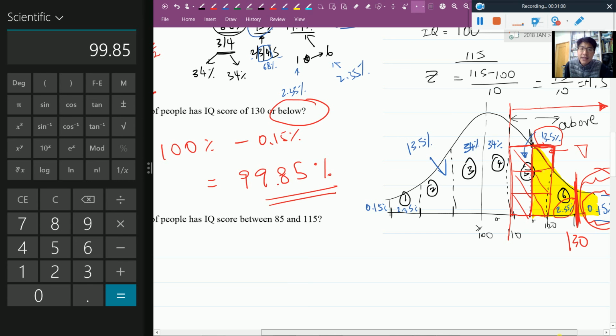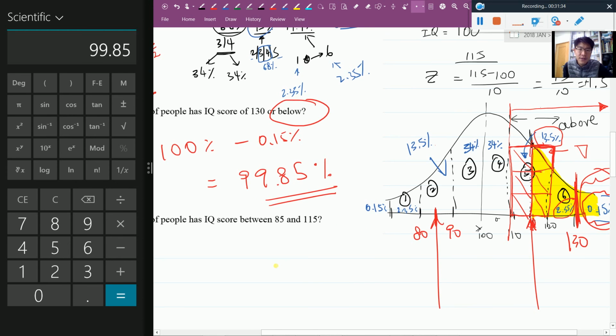So the last one is 85 and 115, which is very ridiculous. So 100, 90, 80, yes? 85 is from this region all the way to 115. So 115, the one that we just found out before, this region.